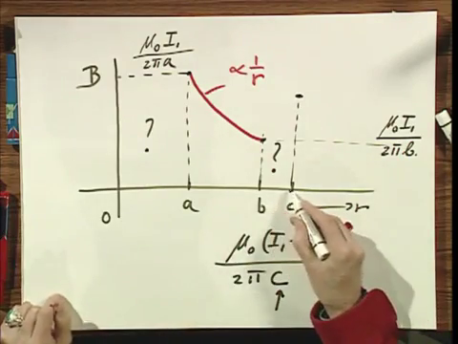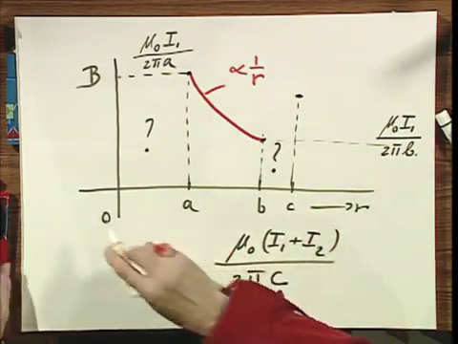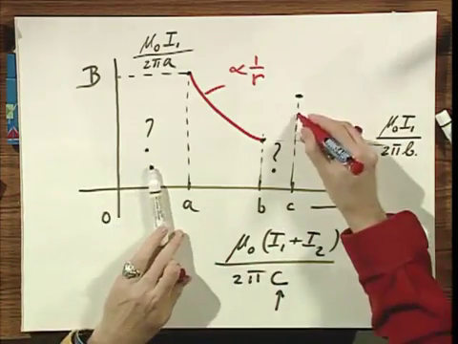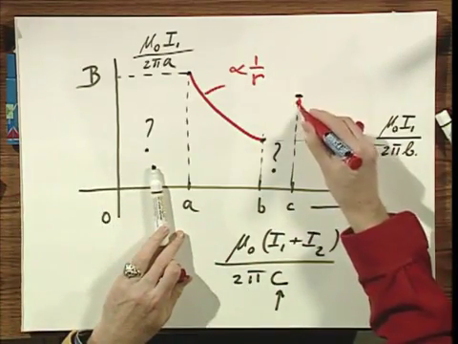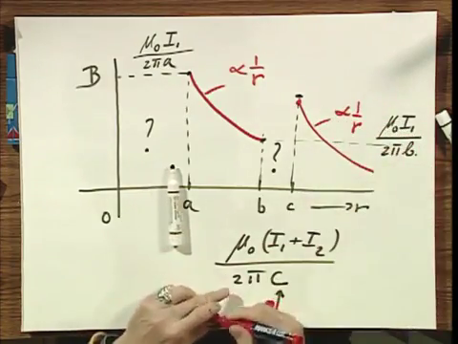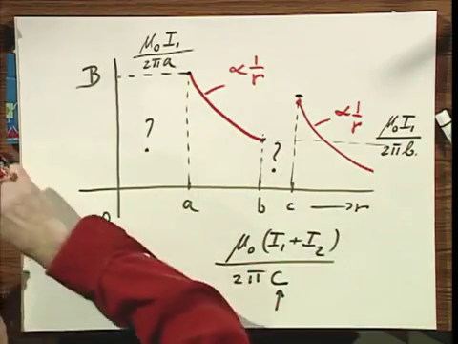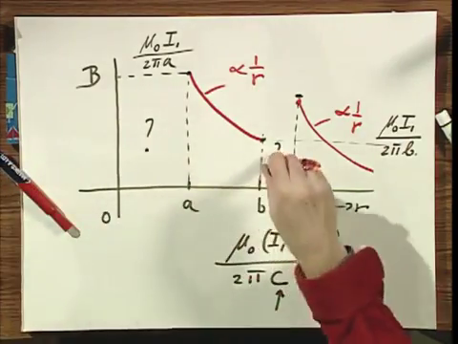That depends on C and B and on I2. So what I'm going to draw now is rather arbitrary. But let's say it's this high and it falls off as 1 over R. It's interesting for you to think about now already what it is doing in here and what it's doing in here.